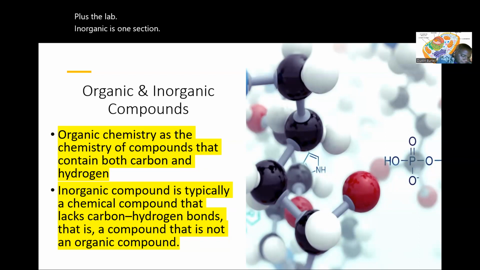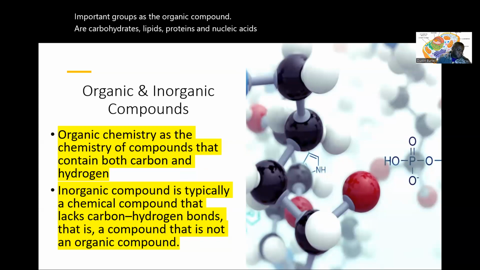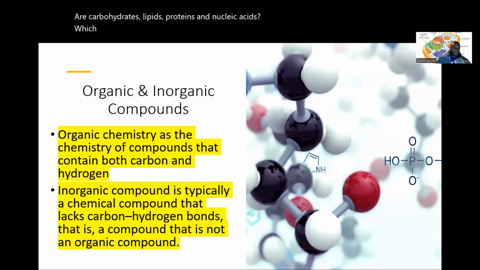But mostly, organic material is what pretty much is going to give you life. So mostly it contains carbon and hydrogen. Important groups of the organic compounds are carbohydrates, lipids, proteins, and nucleic acids, which we will be talking about.